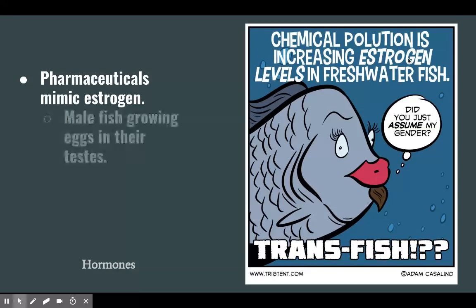And what's happening is we're noticing male fish are growing eggs, or female reproductive byproducts, in their testes. So again, you don't need a lot of hormone concentration to affect an animal. And if this is affecting fish, environmental scientists are really increasing their attention to these things in the environment. So we'll see as time goes on and as research goes on what these long-term effects may or may not be.